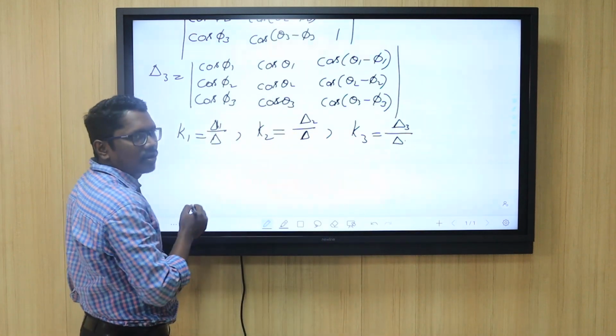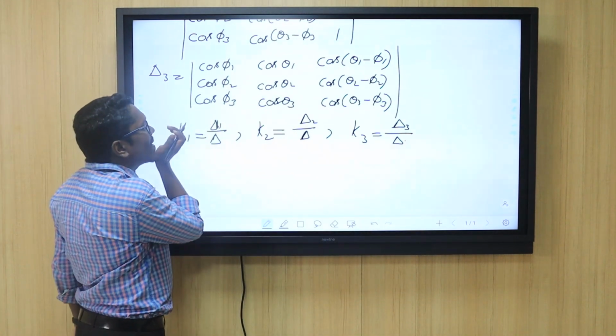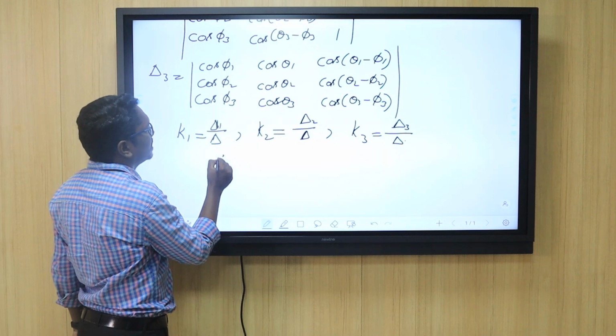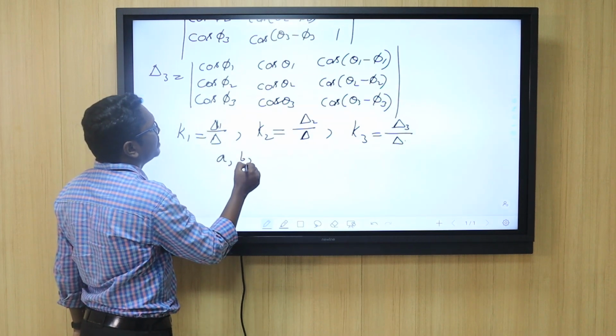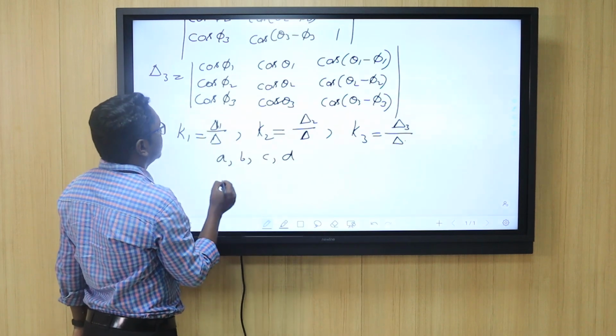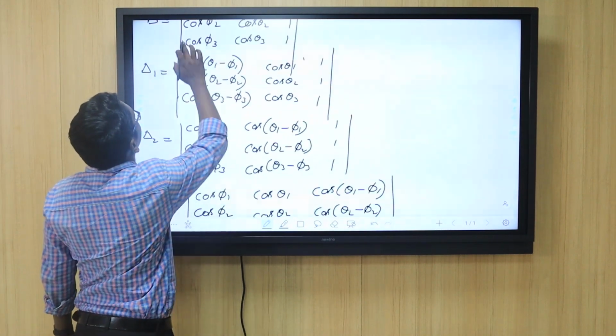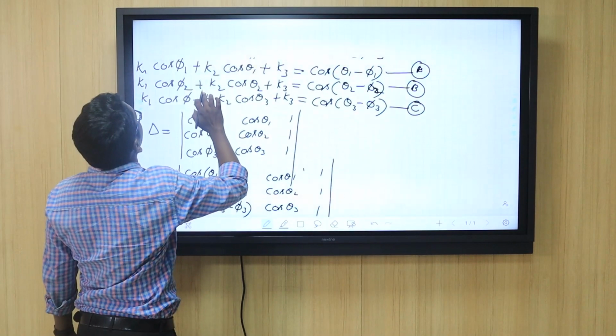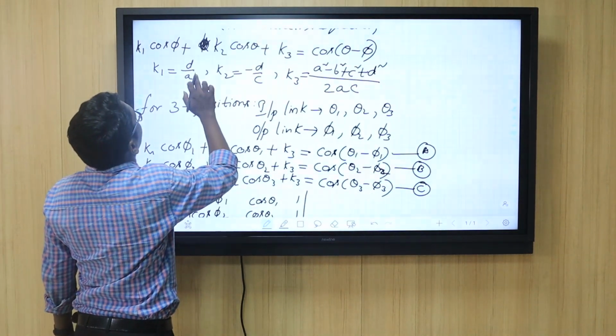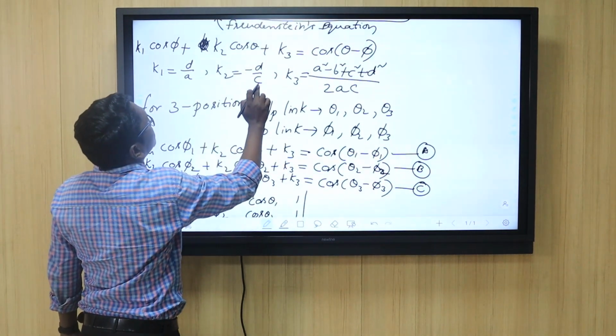So after getting all these constants, we can find the A value, B value, C and D. From which relation? From these relations we will get the A value, D value, C value.